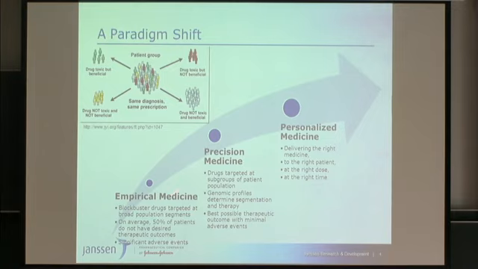We are in the empirical medicine status where we develop blockbuster drugs targeted at the whole population, in a sense, but that of course is coming with the recognition that yes, that business model is not sustainable anymore, because on the one hand, the era of blockbusters is kind of fading out.